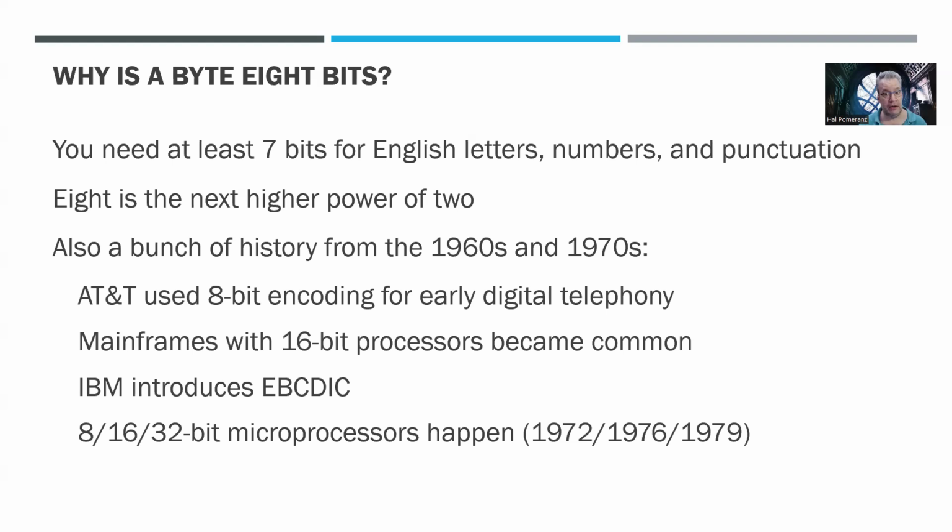What's interesting to note is that 64-bit microprocessors didn't happen until over 15 years later, in the mid-1990s. And those 64-bit microprocessors didn't first appear in PCs and general purpose computing platforms. They were actually used in video game consoles first. And then gradually generic 64-bit processors became available for the computers that we all know and love today.